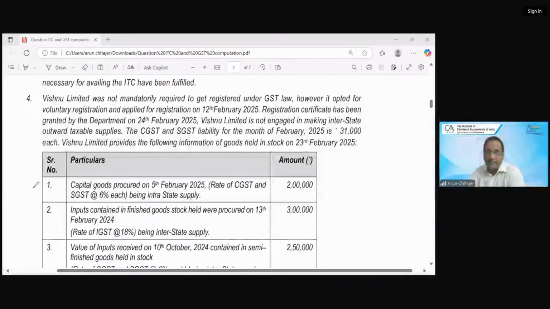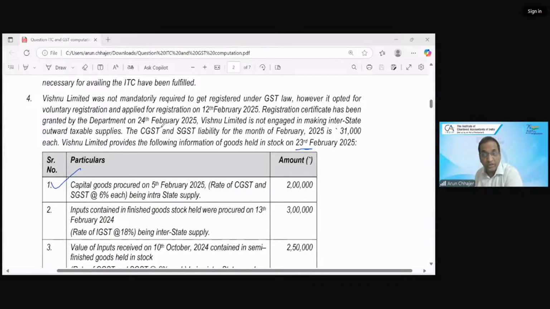Tell me whether he would be able to take ITC of the capital goods. The answer is no. Yes, after deducting 5% he is saying that a part thereof he can claim the ITC.